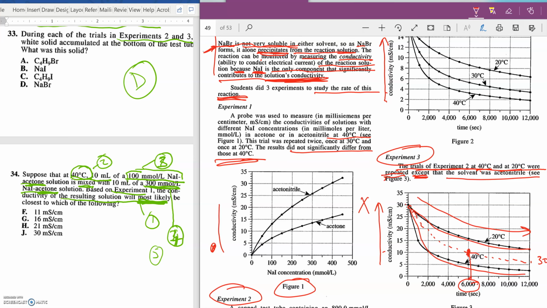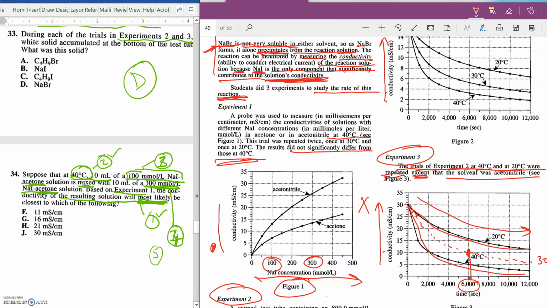And if we mix 100, so where's that mmol? All right, so it's along the bottom here. So we know we've done step 1, we've found that. Step 2 is we know it's 40 degrees. 100 is here. That's step 3. Step 4 is find 300. And then we have to work out what's the most likely value.